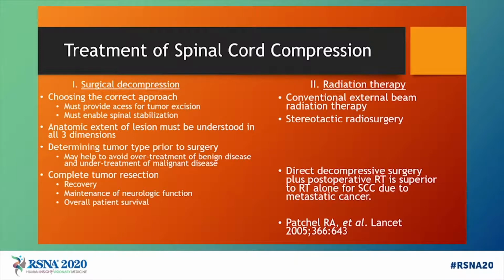A study comparing direct decompressive surgery plus postoperative radiation therapy to radiation therapy alone showed superiority of the decompressive surgical approaches to restoring spinal stability and optimal neurologic outcome for these patients.